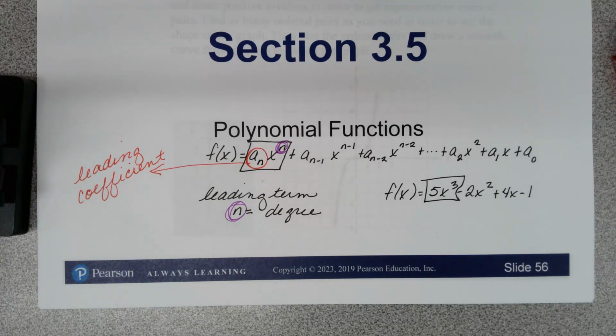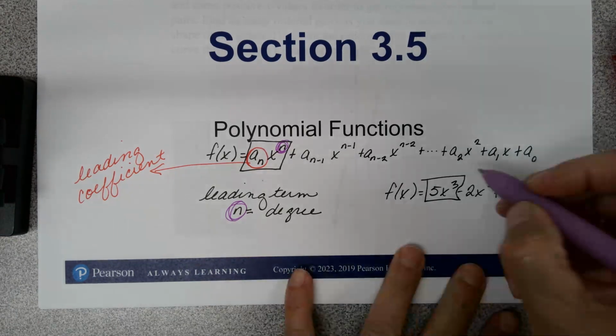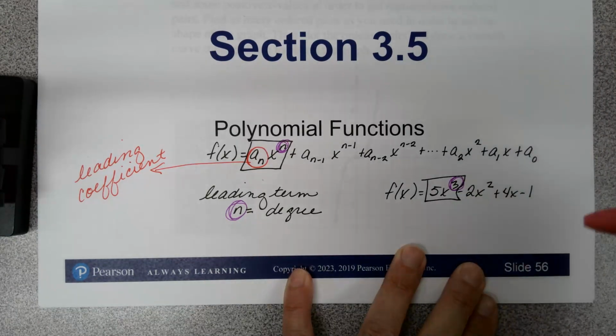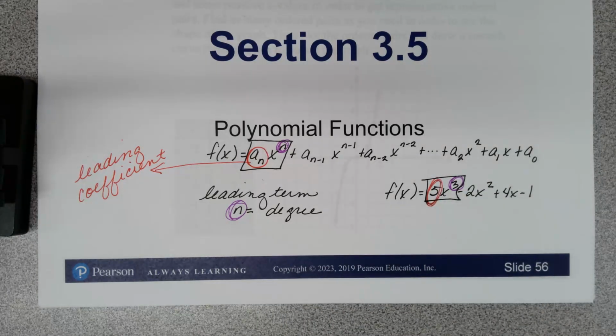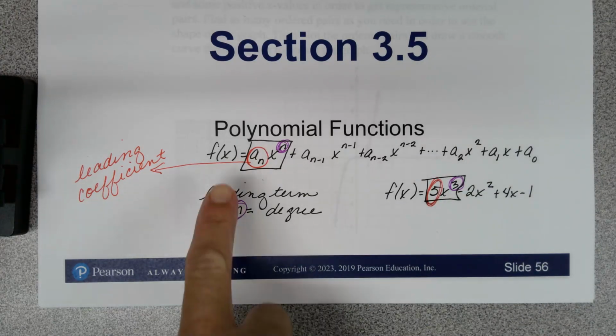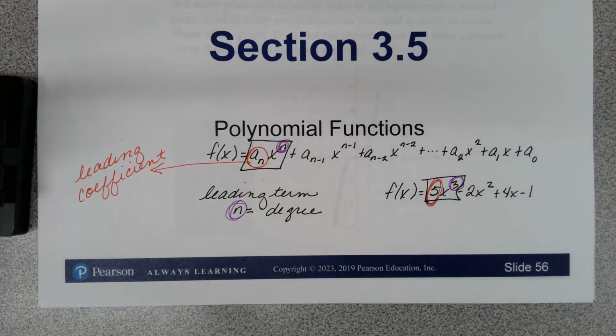What is your leading coefficient? It is the 5, exactly. And so the 5 is the leading coefficient, okay? While this may look a little bit scary, it's just the way that we generically write the polynomial that can encompass any degree polynomial, okay? Any questions so far? Good.